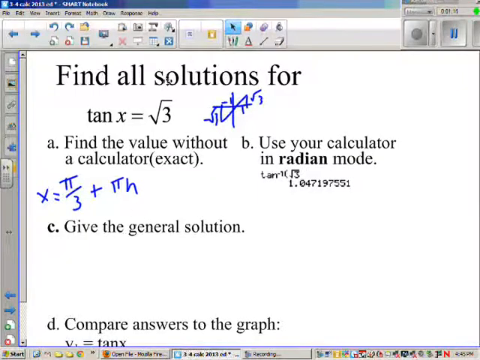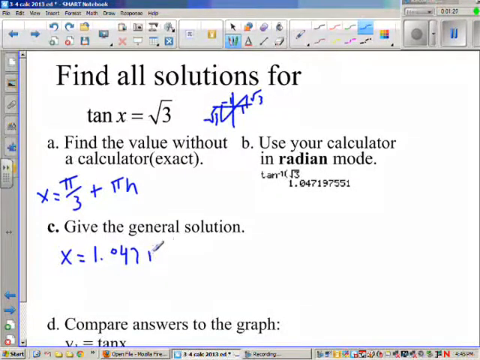So our general solution, if we wanted to use just decimals, would be x equals 1.047 plus pi n.